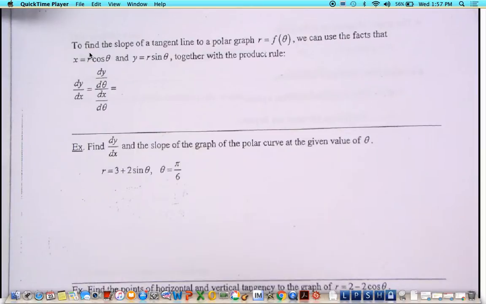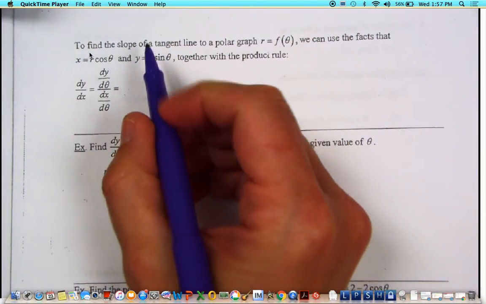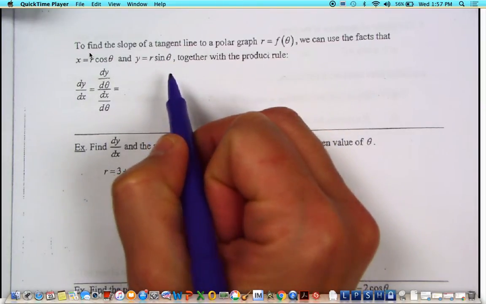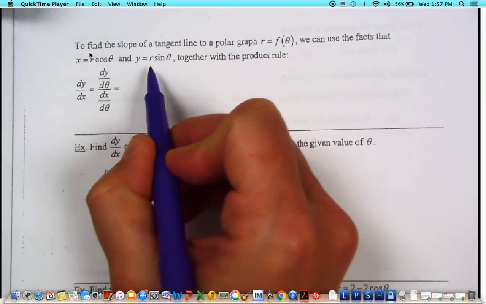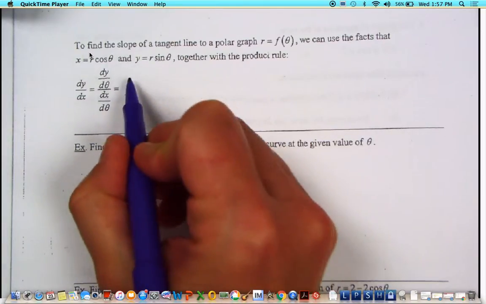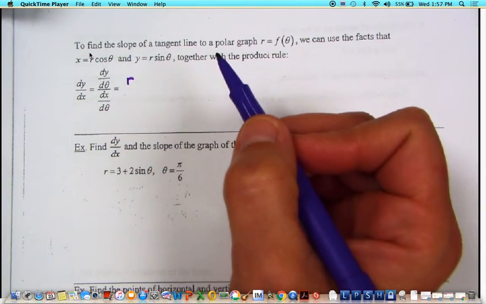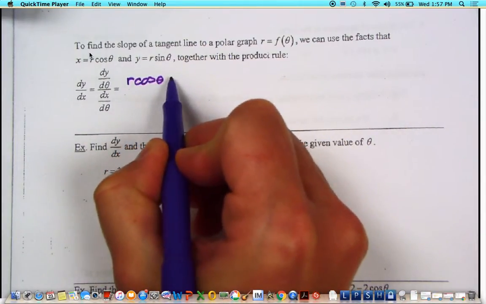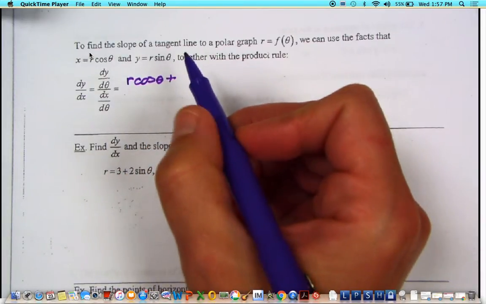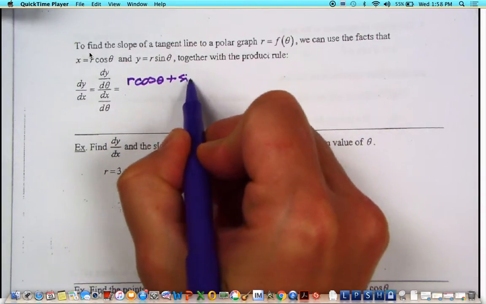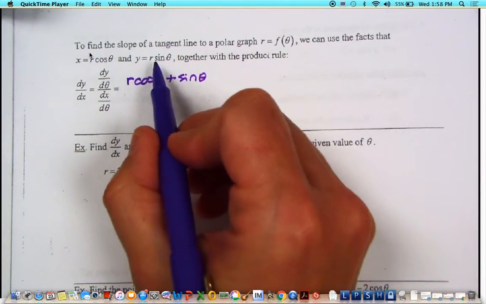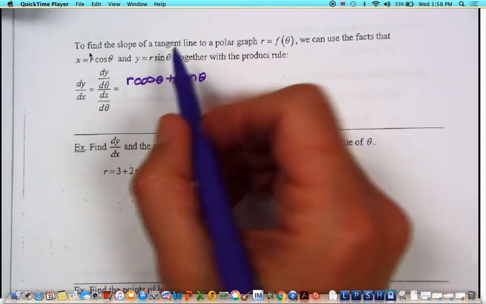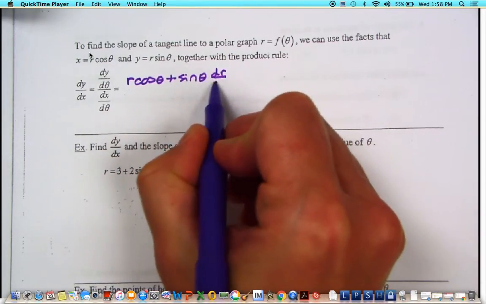Okay, here we go. So dy d theta using the product rule, right? I need to do the first times the derivative of the second plus the second times the derivative of the first with respect to theta, dr d theta.